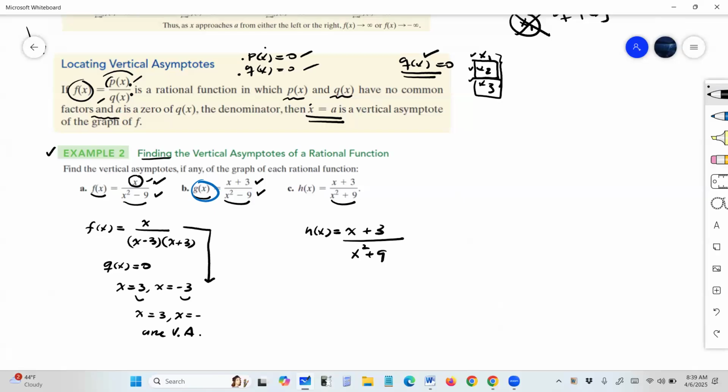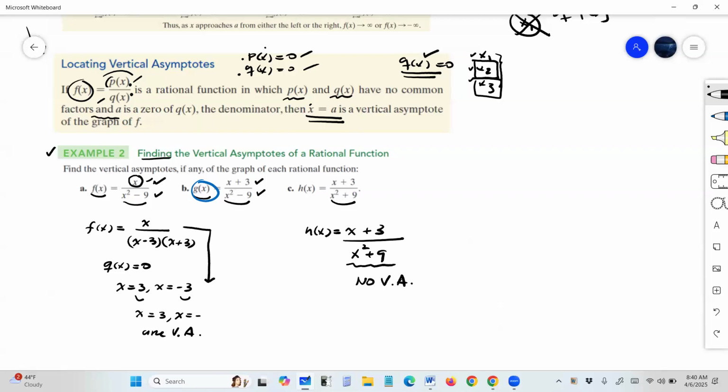So they don't have any factors in common. So in this case, as we've seen before, no vertical asymptotes because there is no division by 0. And there's not going to be any holes in the denominator here because we don't get a 0.